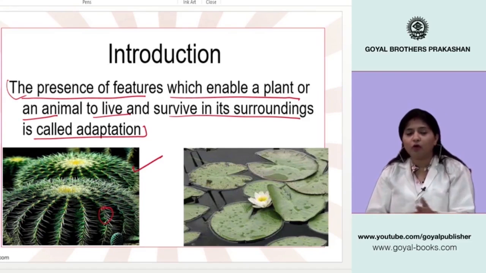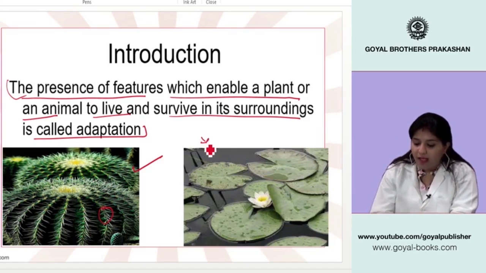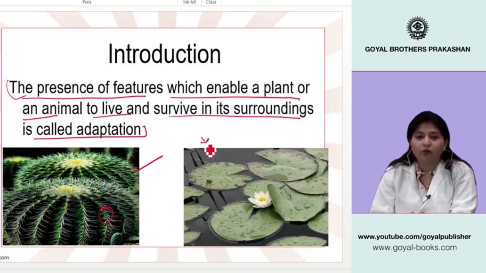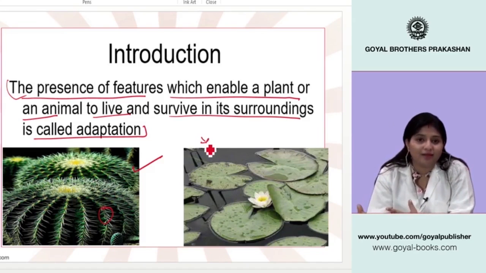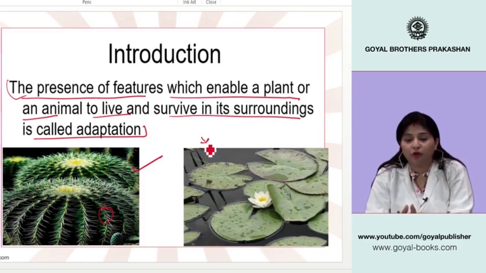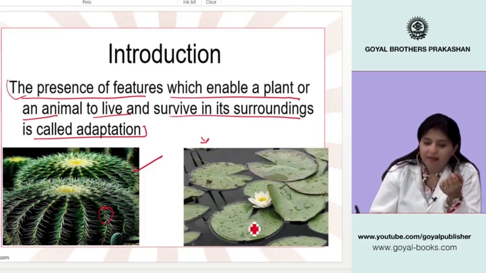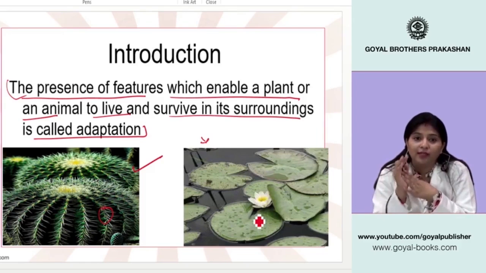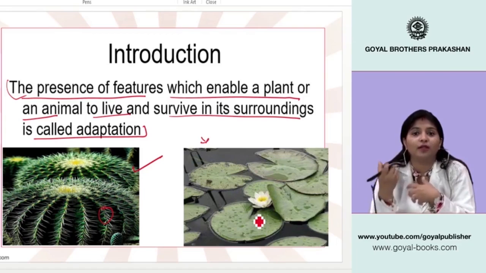We will discuss all this in detail. Another example that we have taken is a water lily or a lotus. We see that the plant living in the aquatic system has developed different kinds of features. For example, the plant has a waxy coating on the leaf so that, because of excess water, the leaf does not decompose.